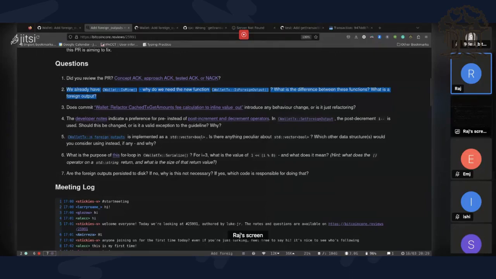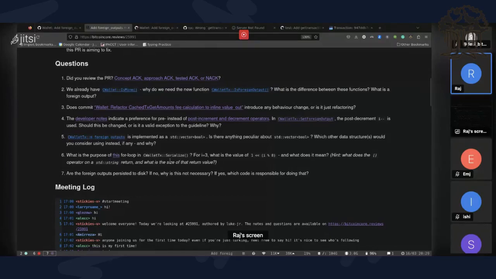And this is a question about whether a change is a behavior change or just refactoring. The IRC conversation goes into depth about this, and it is not directly related to this PR. We can look at this commit, but no, this commit is gone and probably got overridden.